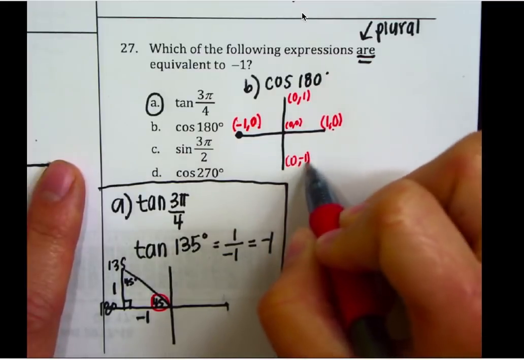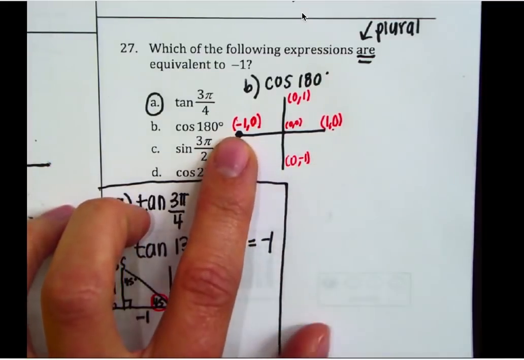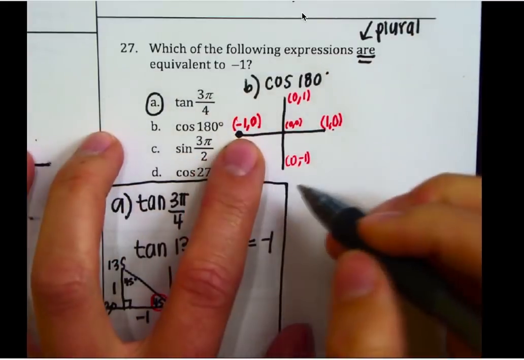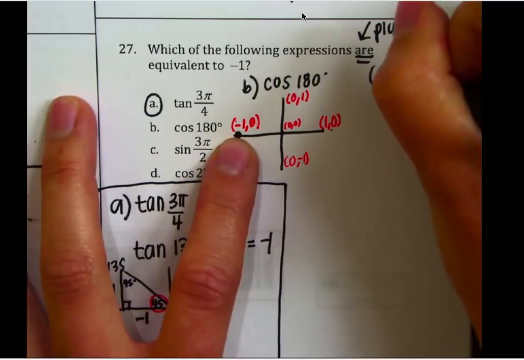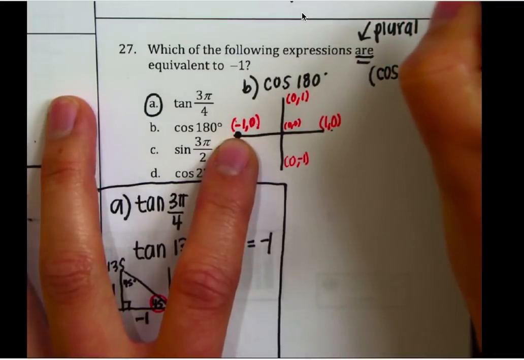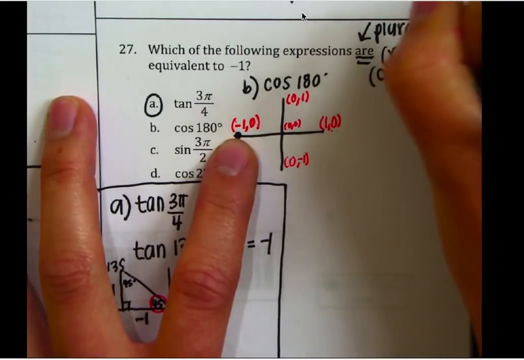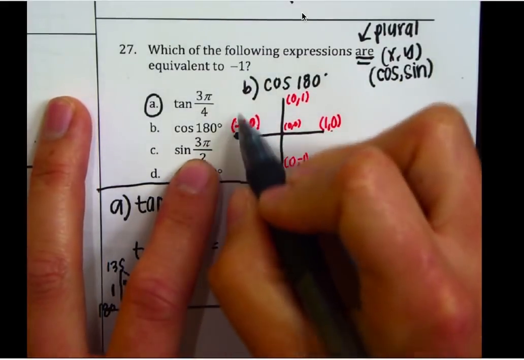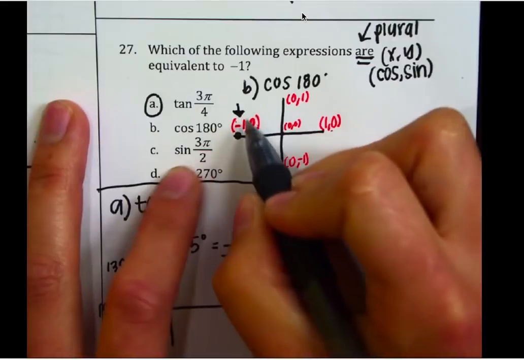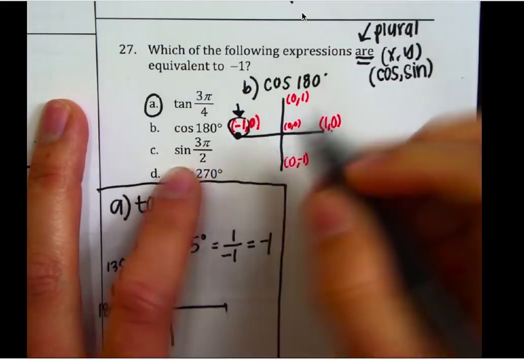So 180 degrees is going to be here. We need to remember that our x is always cosine and the y is always sine. So if I'm looking for cosine, I want my x value. So my answer is -1.